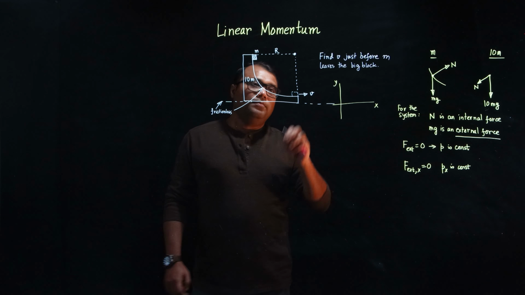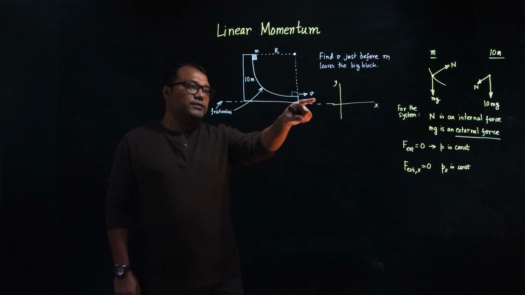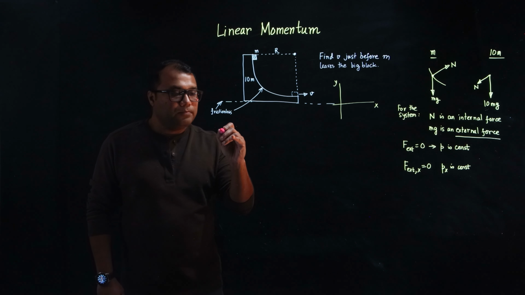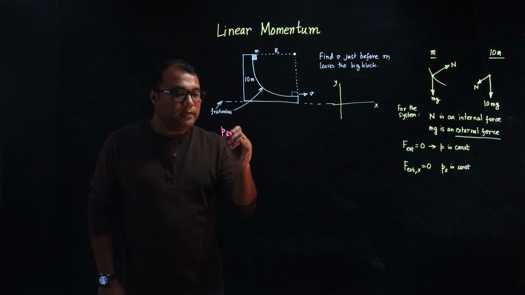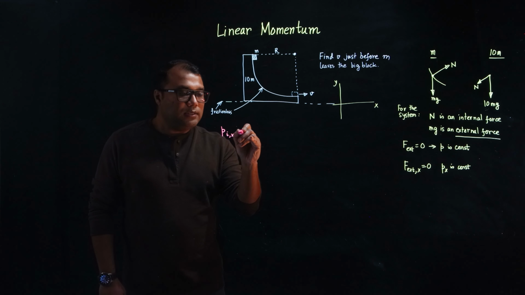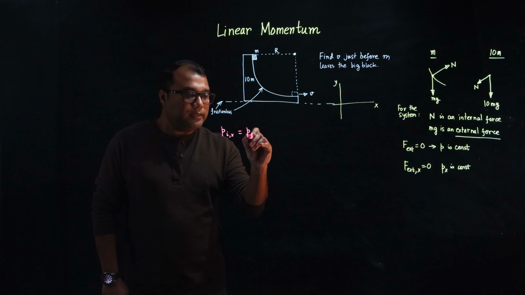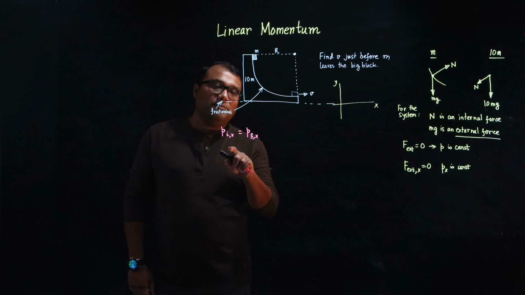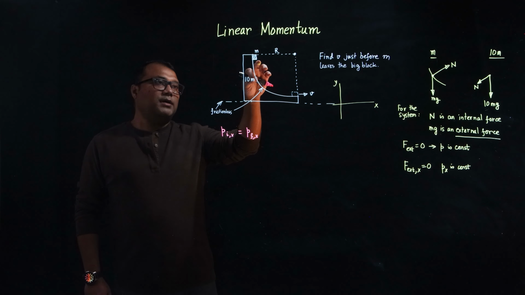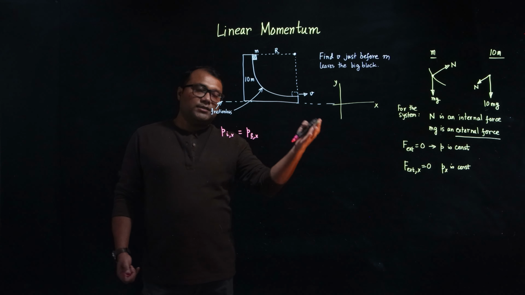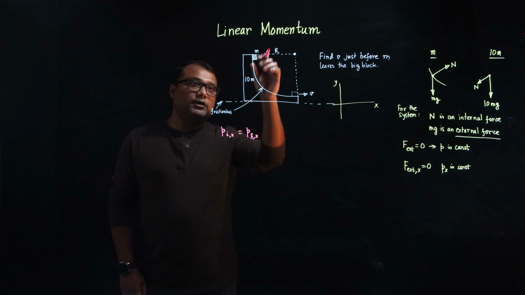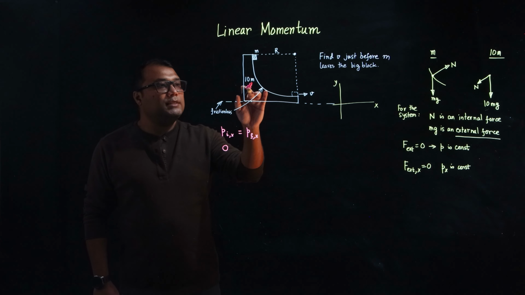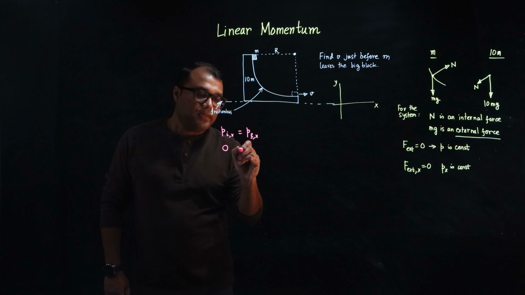So let's assume when the block reaches here, its velocity is v. For the system, initial momentum in the x direction is equal to final momentum in the x direction. Initial momentum, I'm considering the case when the mass was here. In the x direction, it was let go, everything was stationary, so momentum for this mass as well as 10m was 0.